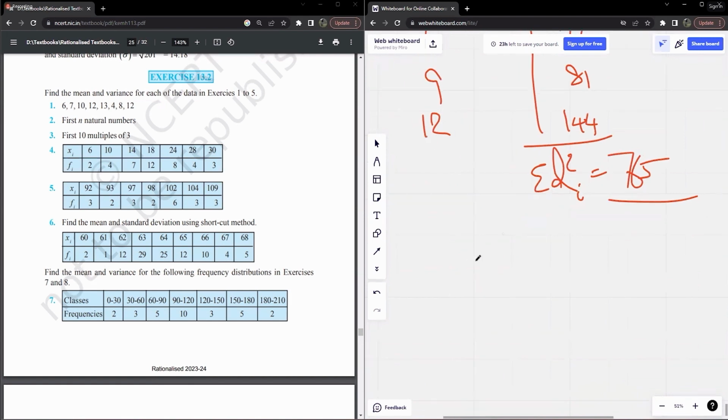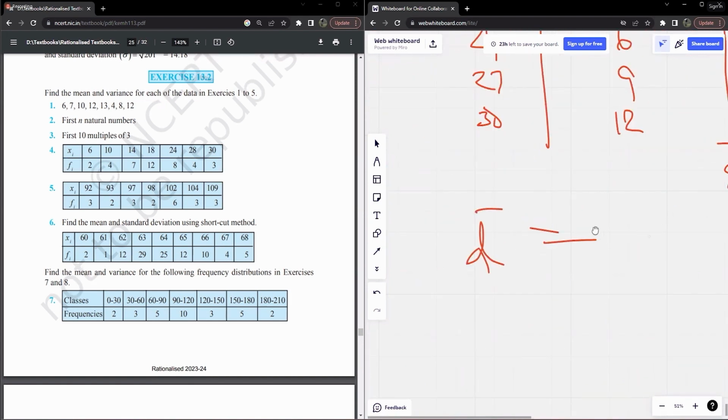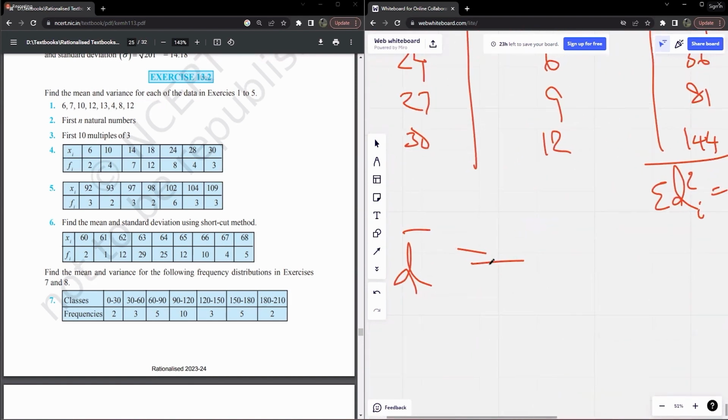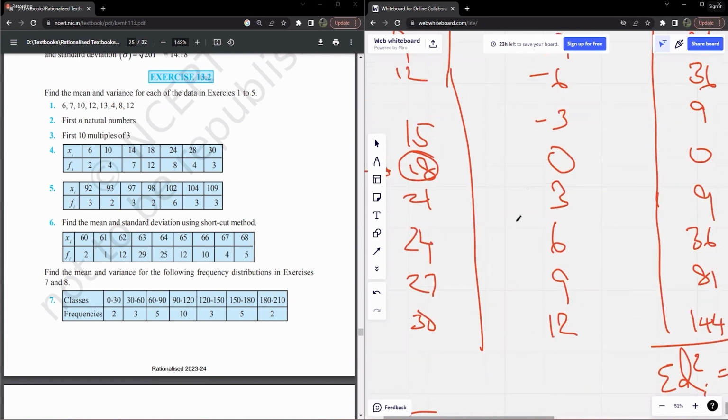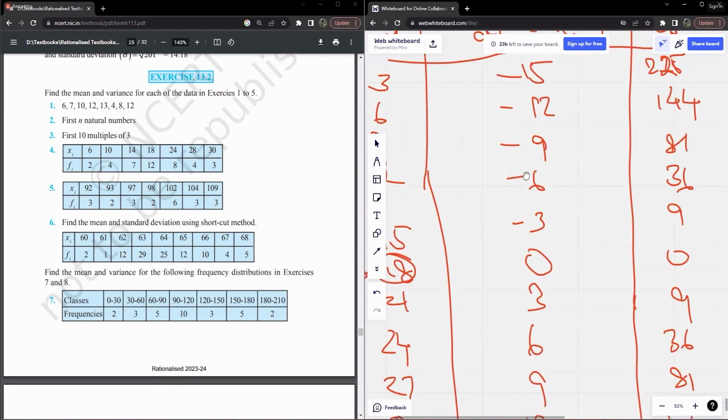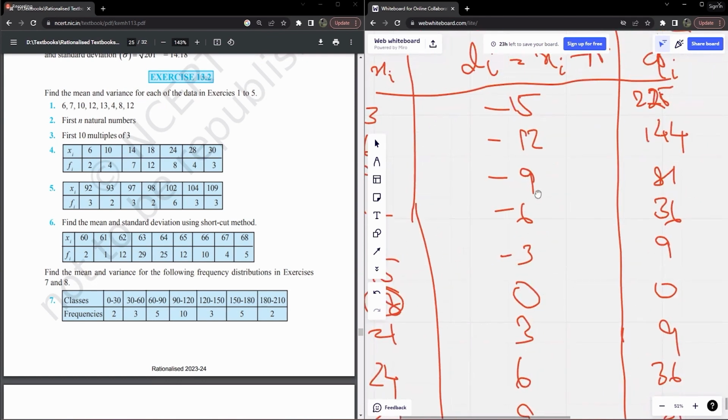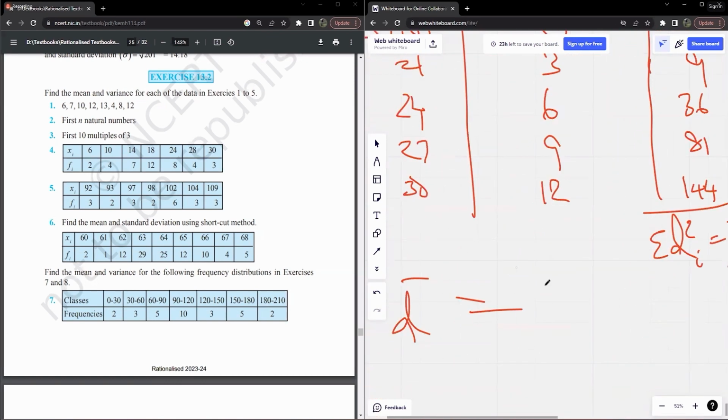Right. Therefore, d bar, which is sigma di by n, all these are going to get cancelled, and minus 15 is going to be the only thing that's carried over, which is minus 15 divided by 10, which is minus 1.5.